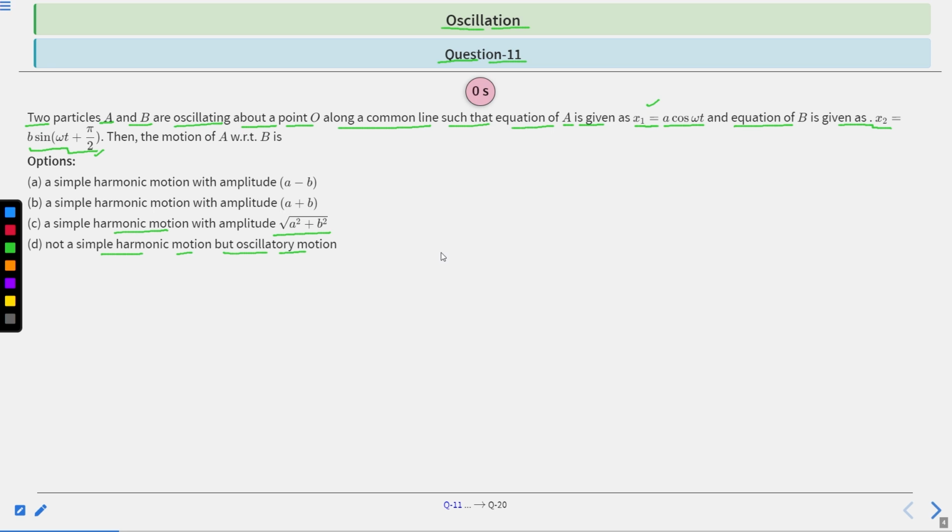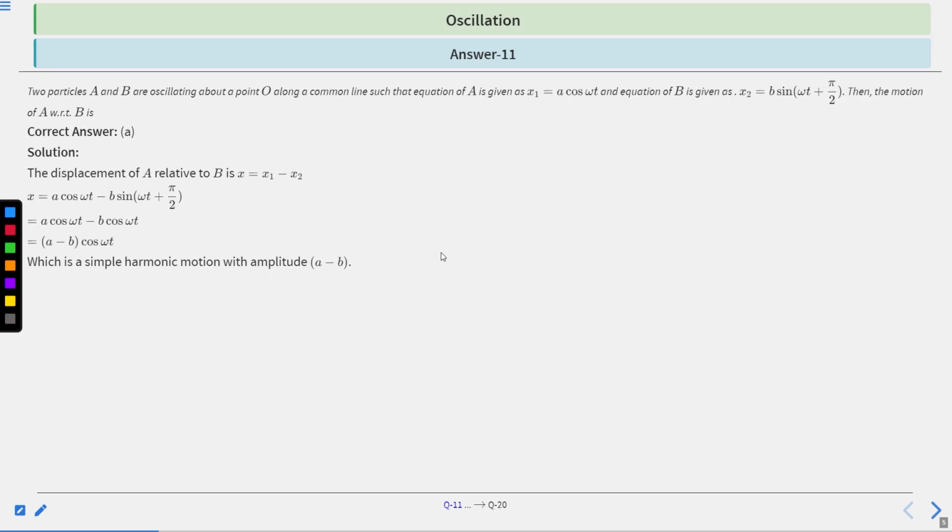Let's find the solution. Two particles A and B are oscillating about a point O according to the question. The equations are x1 is this and x2 is this. The displacement of A relative to B is x equal to x1 minus x2.